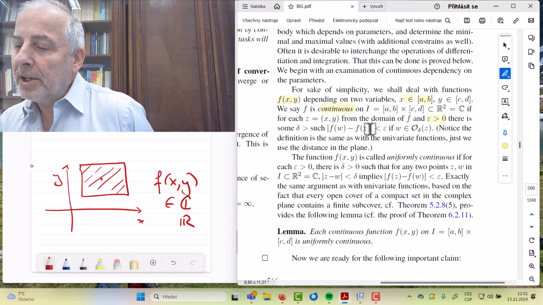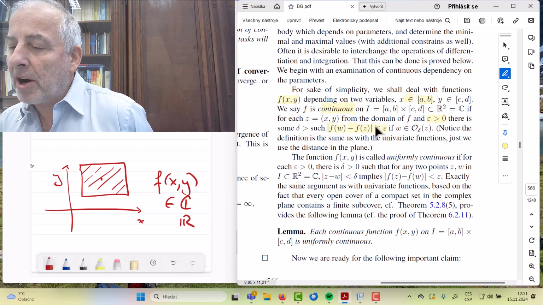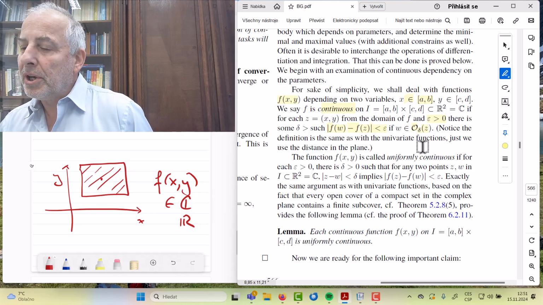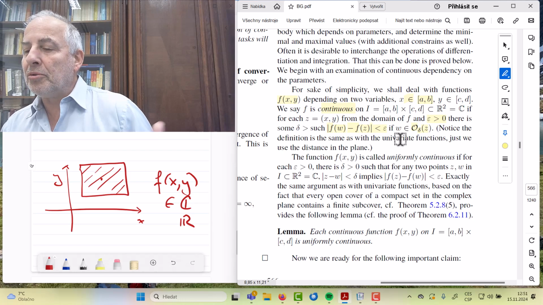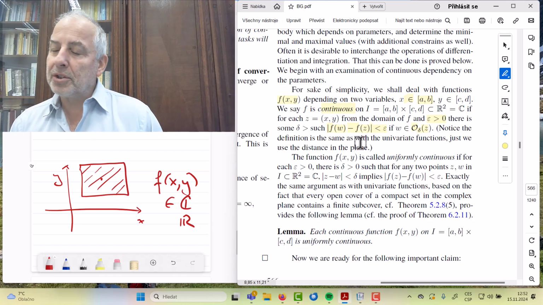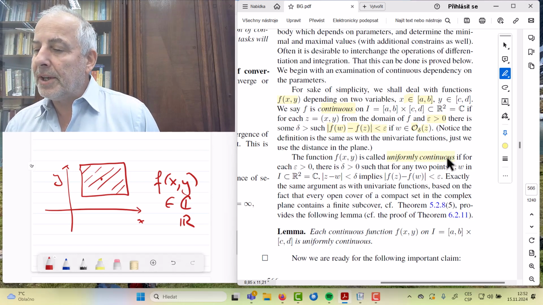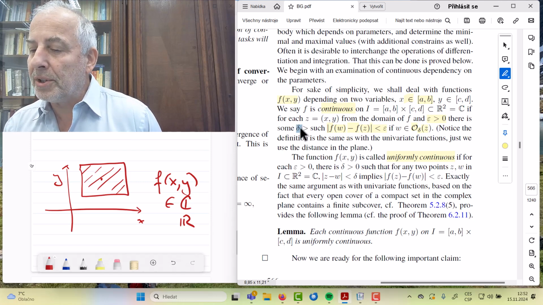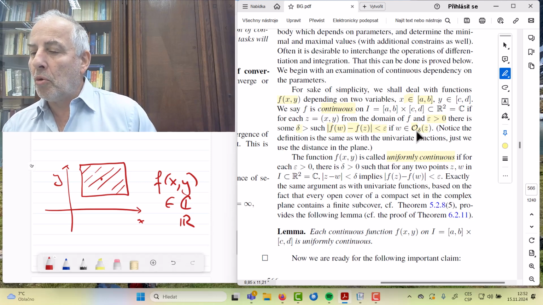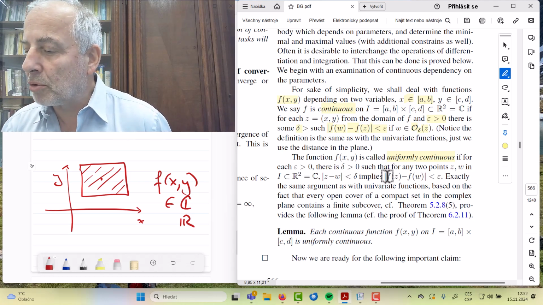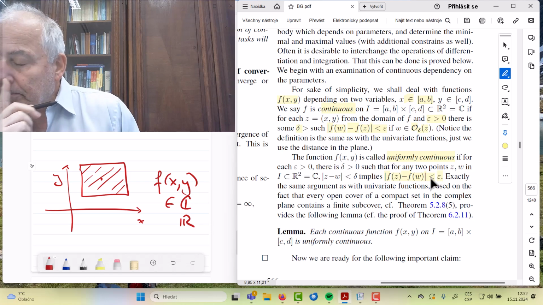So if I prescribe how far I allow to have the images, I have to know that there must be some neighborhood so that it's ensured if W is in this neighborhood of Z. And we say that it's uniformly continuous if this works, so the delta would be the same for all the W's, right? So for all the couples. So again, it's just absolutely the same thing as we had.